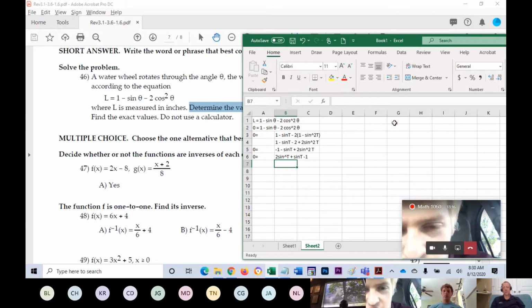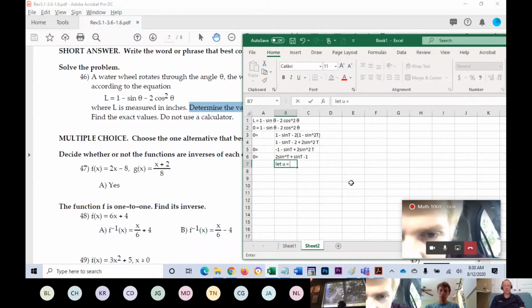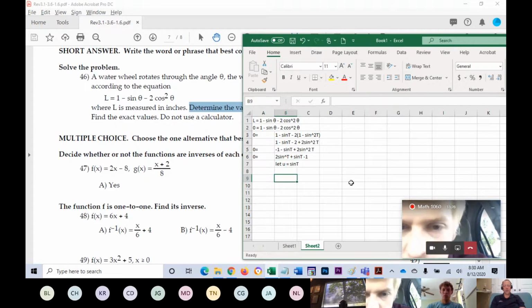Could you then do like a U substitution? Because it just looks like a trinomial that you could factor. So let u equal the sine of theta. And so therefore we've got 2u squared plus u minus 1.